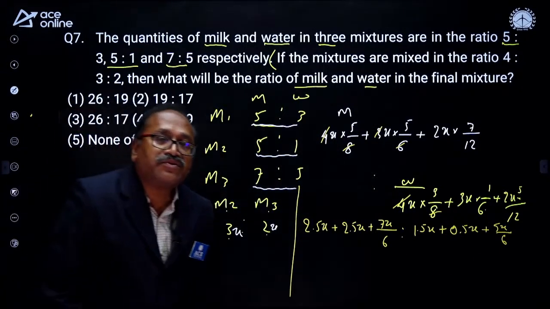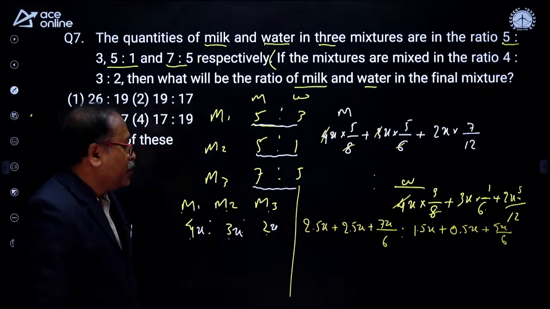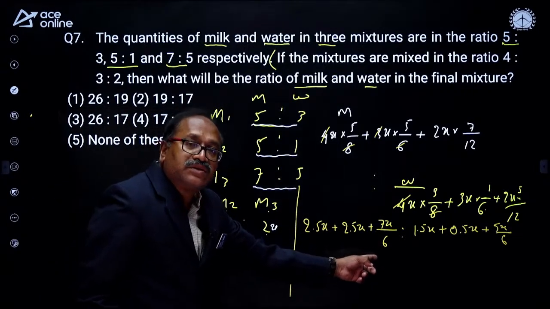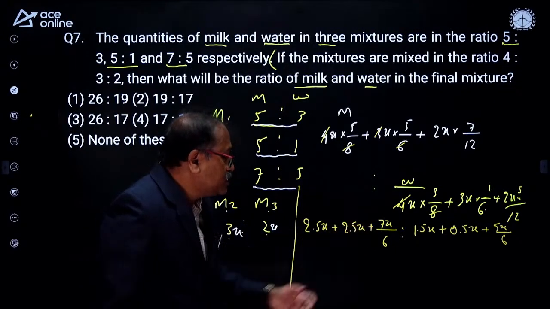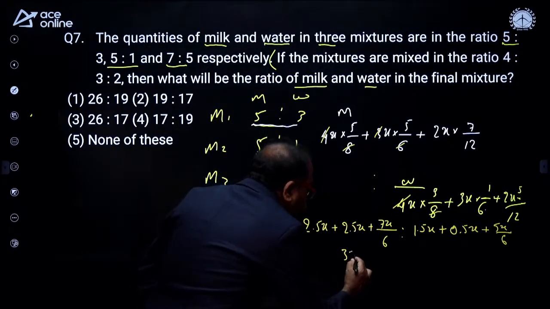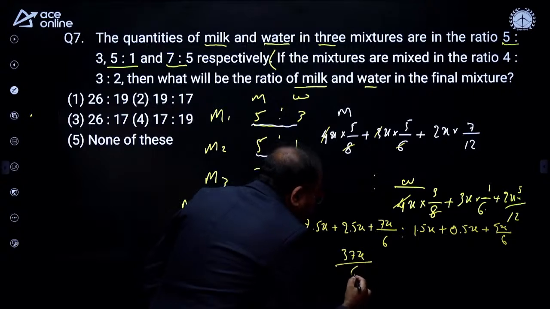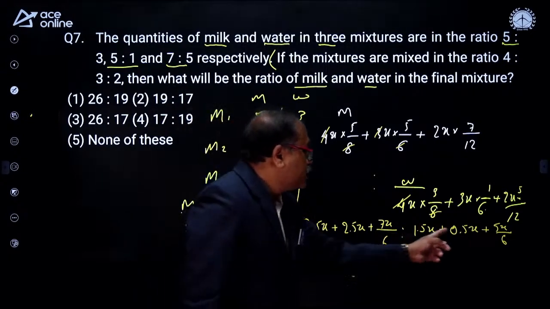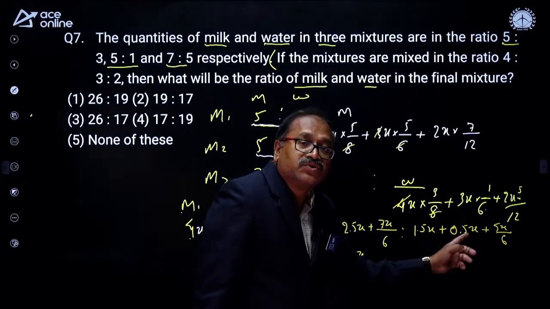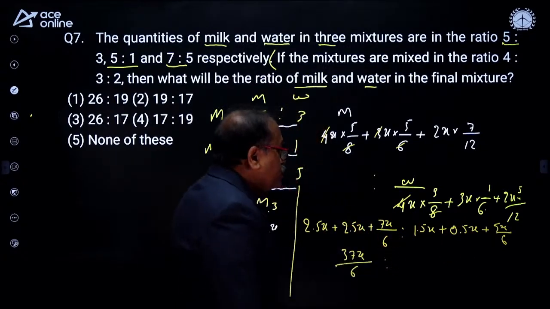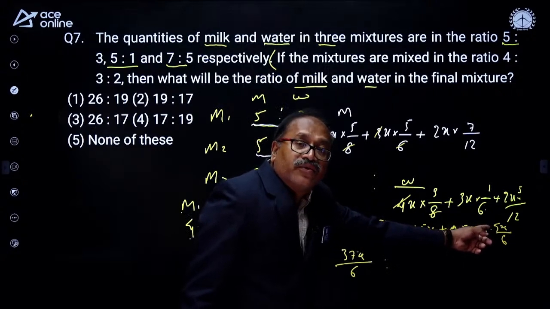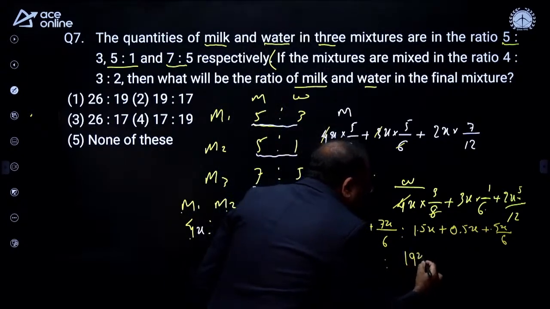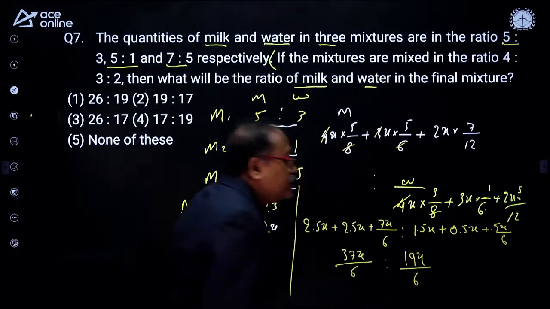This will give us the final ratio. So what is the final ratio here? This is 5x, 5 into 6 is 30 plus 7 is 37x by 6. Here 2x, so 6 twos are 12, 12x plus 5, that is 19x by 6.